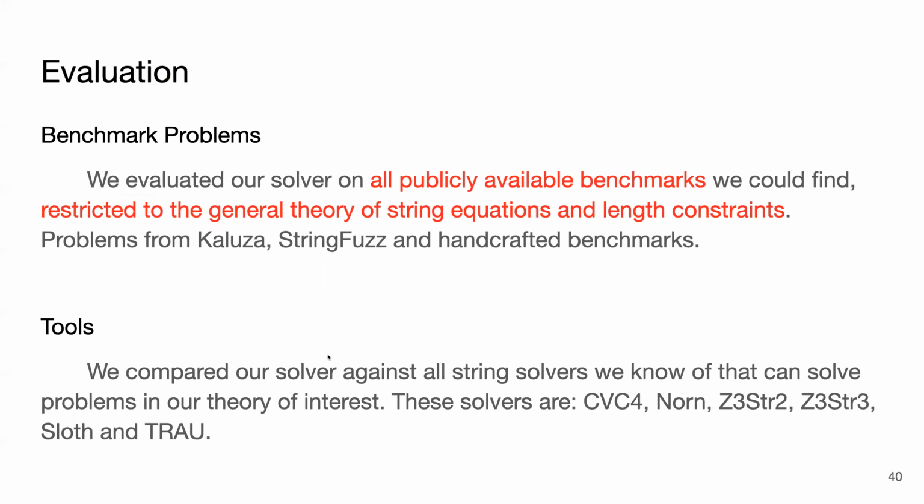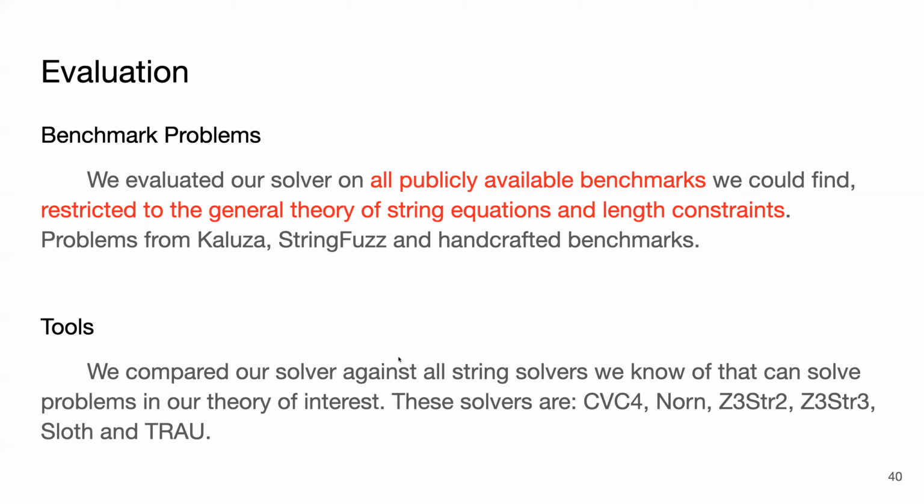We evaluated our tool on benchmark problems. That included all publicly available benchmarks we could find, restricted to the general theory of string equations and length constraints. It includes problems from Kaluza, string-fuzz, and also some handcrafted benchmark problems that were relevant to Remora, or the kind of problems that the Remora inference engine would have to face.